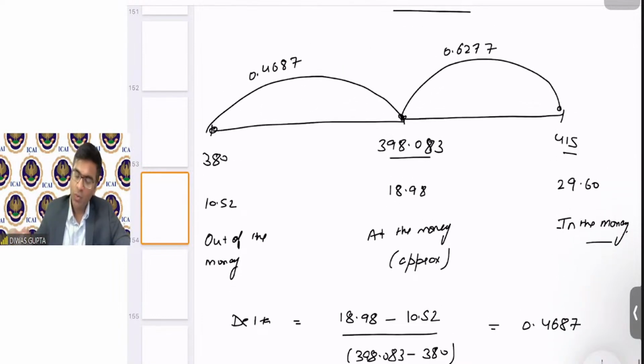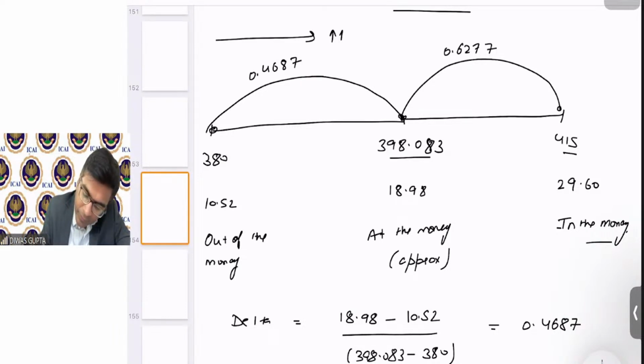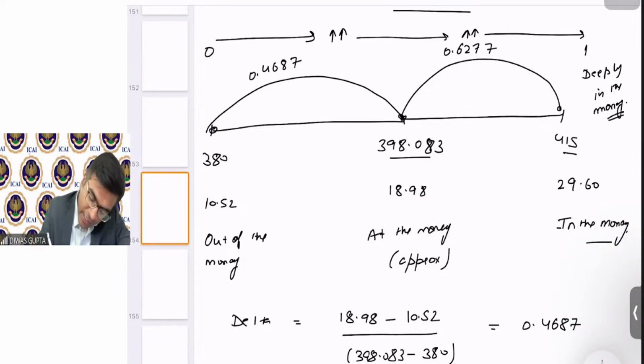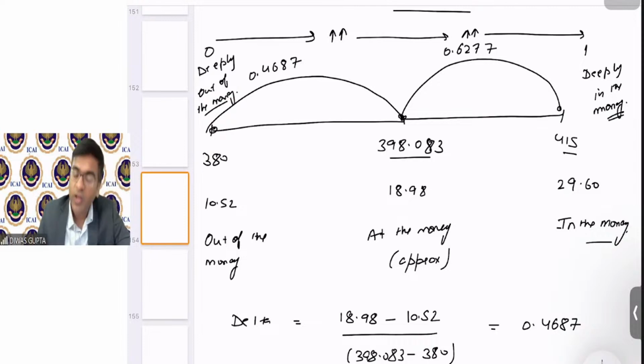Now, if you see, students, the delta is also increasing. Delta starts from 0 and moves to 1. It moves to 1 when it is deeply in the money, and it is 0 when it is deeply out of the money. What will 1 mean?